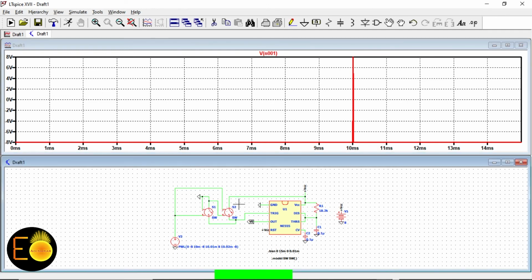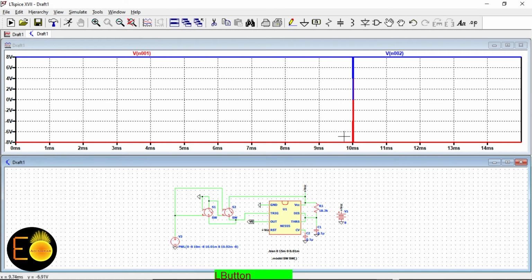Next, let's see how these triggers are working. Look here. Initially, the trigger was connected with the VCC due to this switch. When the triggering voltage was at minus 8 volt, this switch establishes the connection between the VCC and the trigger terminal. That's why the trigger voltage that I have plotted here is 8 volt.